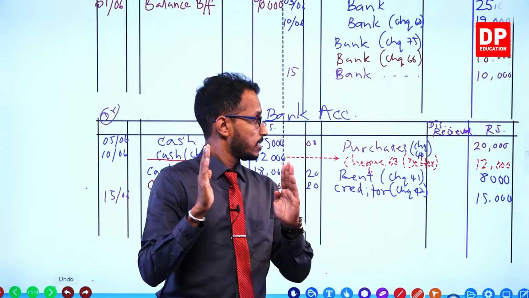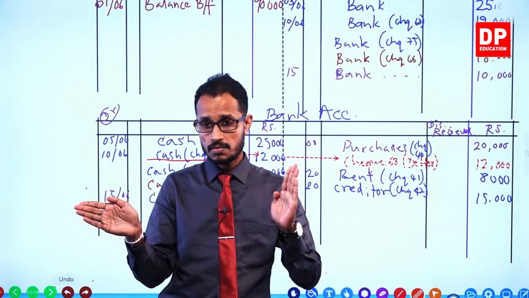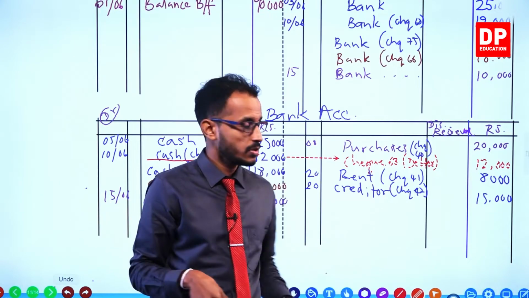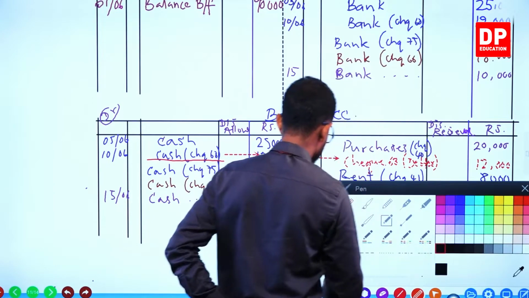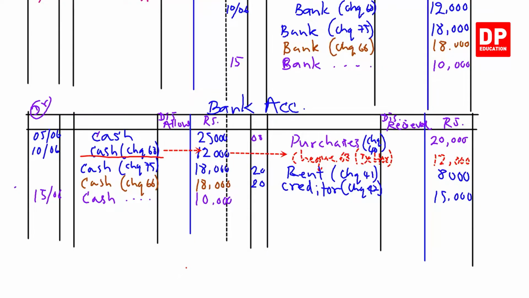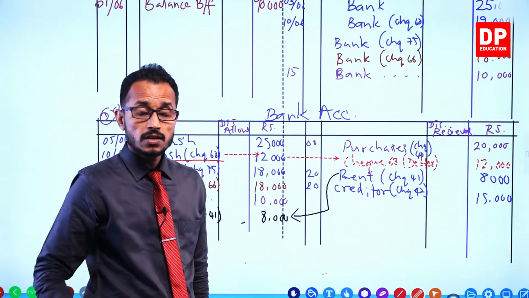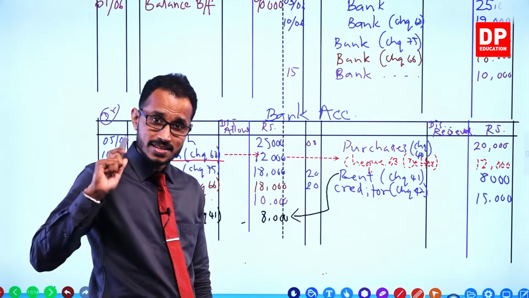Okay, we can debit the bank account, credit the rent account. Debit the bank account, rent, check number 41, right? Check number 41, 8,000. Bank was debited to reverse and to record the dishonored check.